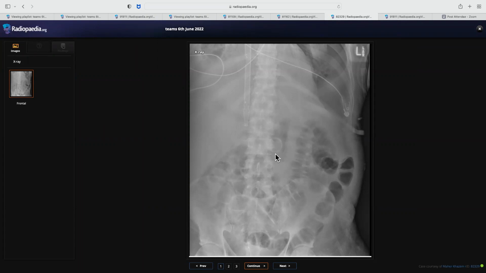If we are late in telling the main finding, we definitely lose points. This was an ECMO tube. If you are not able to tell that it's an ECMO catheter, that's fine.